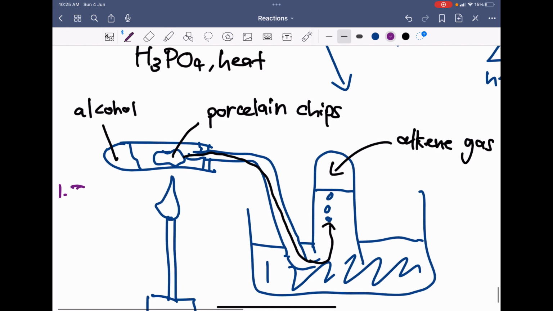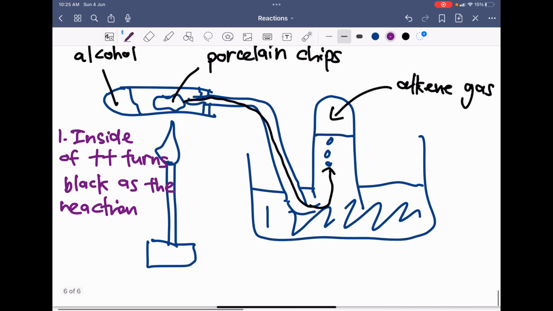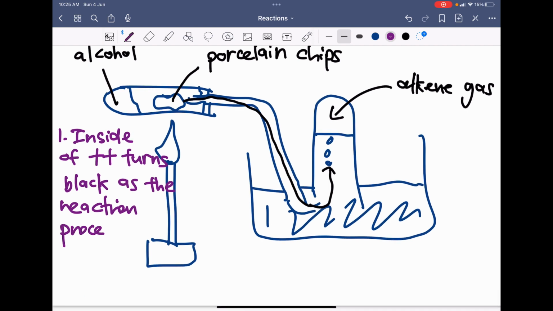So the inside of the test tube turns black as the reaction proceeds. And why? Because this black thingy that appears is actually carbon. It's the carbon produced from the thermal decomposition of the alcohol.